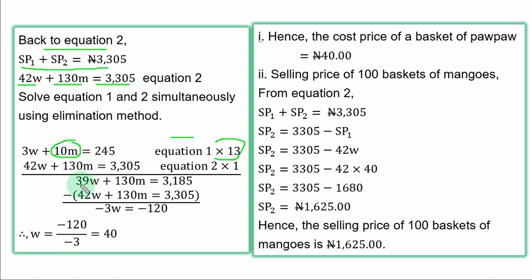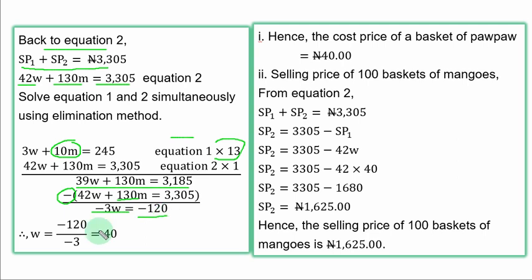So equation 1 becomes 39W plus 130M equal to 3,185. Equation 2 remains the same. To eliminate M, you need to subtract. So 39W minus 42W, you have minus 3W, M becomes 0. If you subtract the right hand side, you have minus 120.